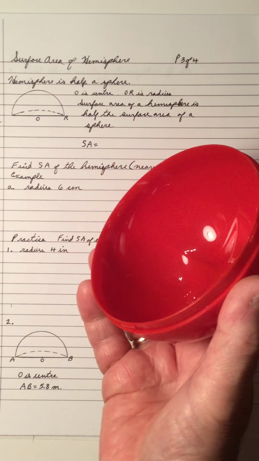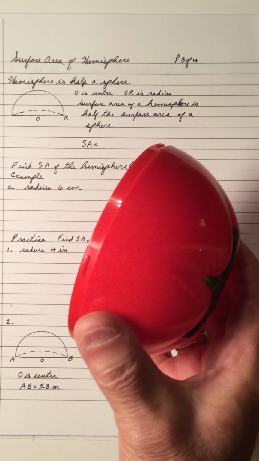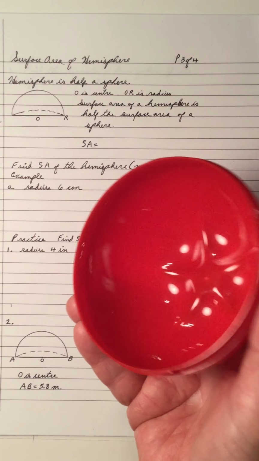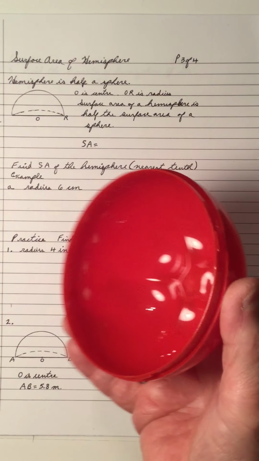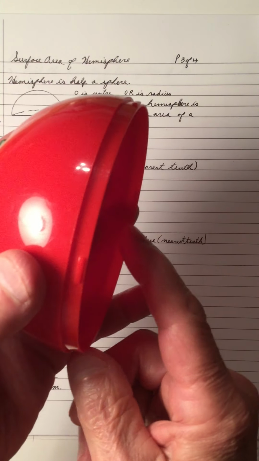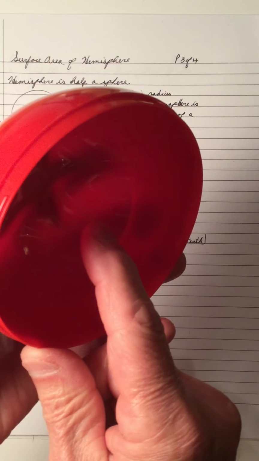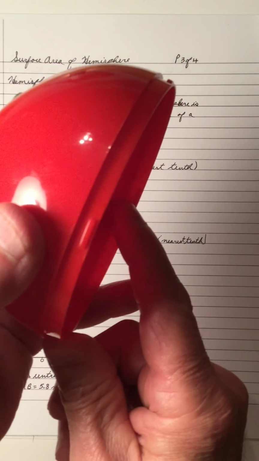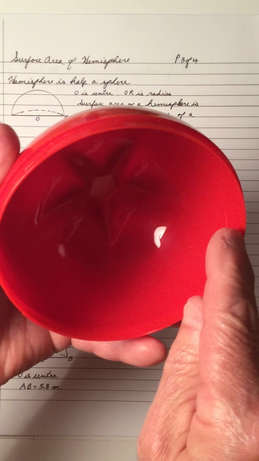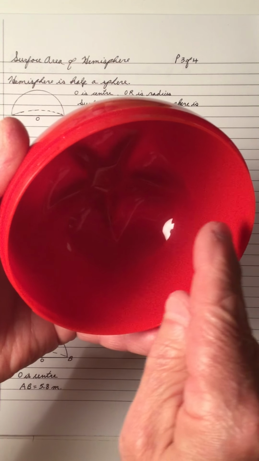Let's pretend that this was a complete sphere and we cut it in half. If we cut it in half, we could take the middle of this right here to be the center of the sphere, but now it's the center of the hemisphere. The radius is still the same, from the center over to a point on the circumference.